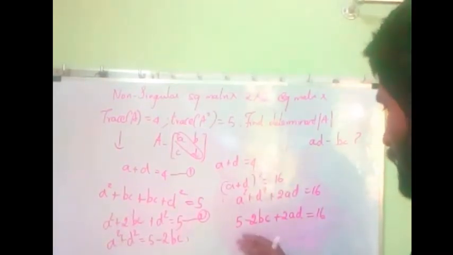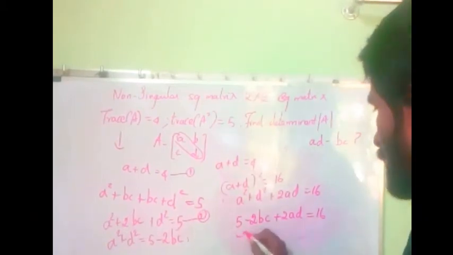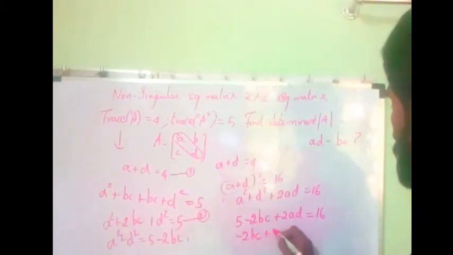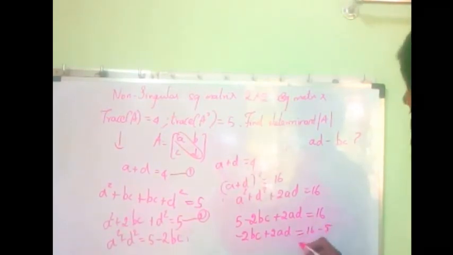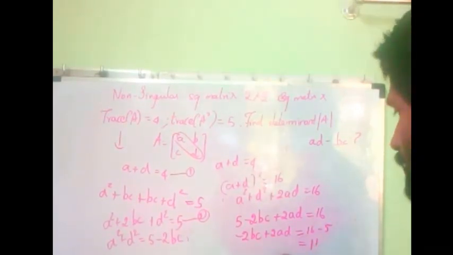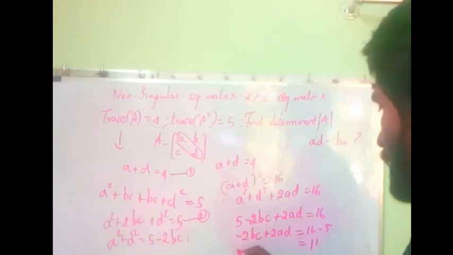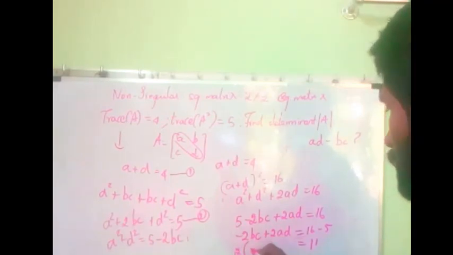Now we take the 5 to the other side. That means minus 2bc plus 2ad equal to 16 minus 5, that's equal to 11. So you take the 2 common here: 2 into minus bc plus ad equal to 11.